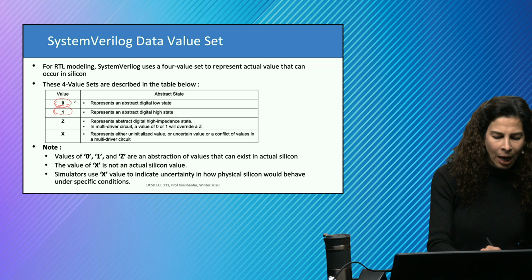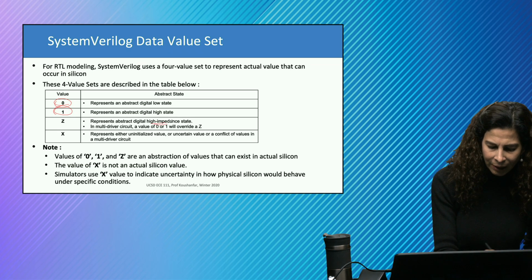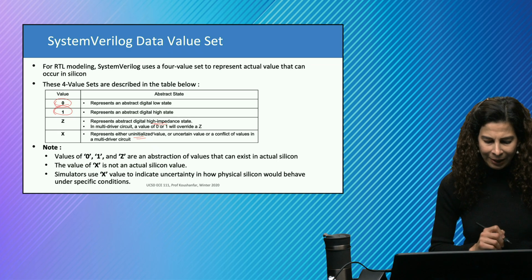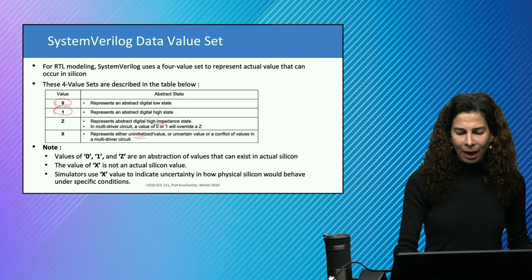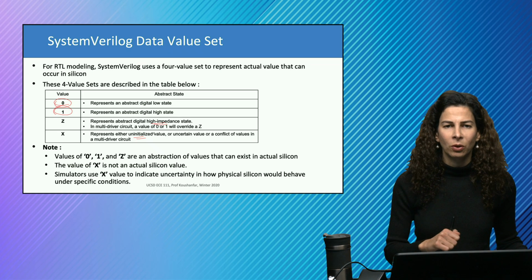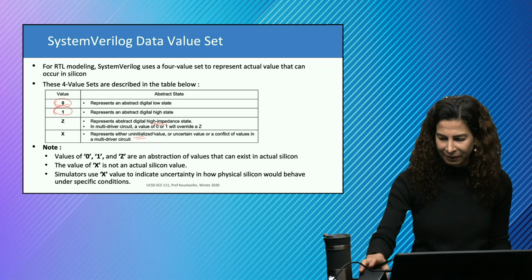We also have the high impedance and don't care, which is basically an uninitialized value. What happens is that this would translate later using the software into a 0 or 1. This is not going to be kept dangling.